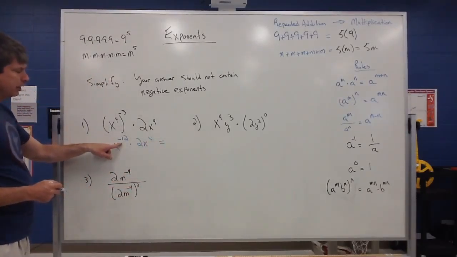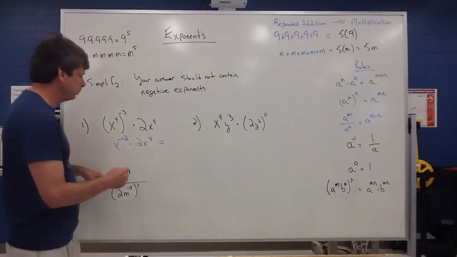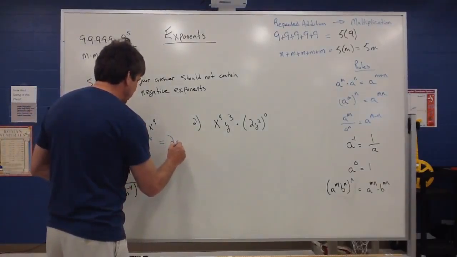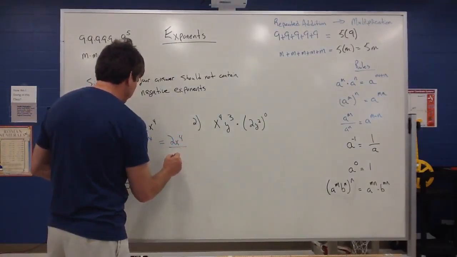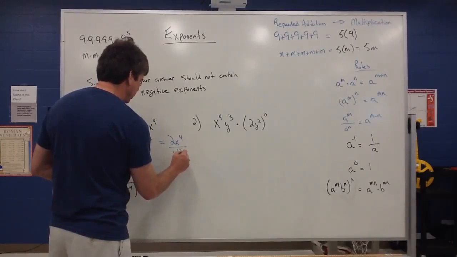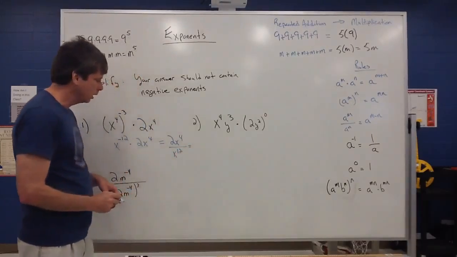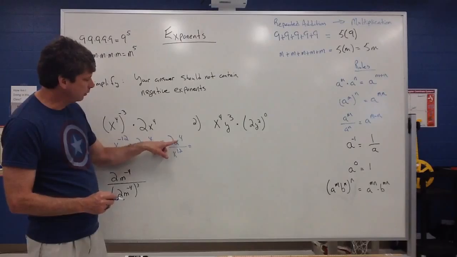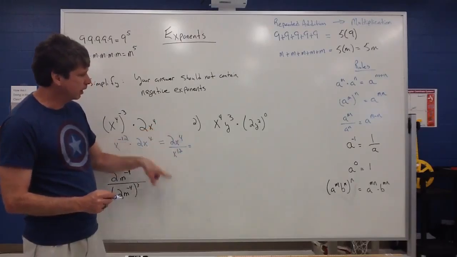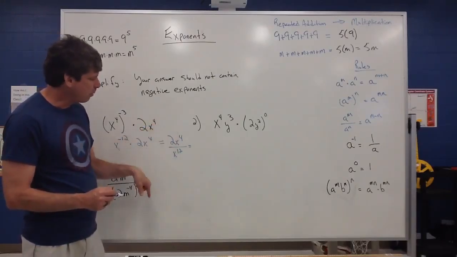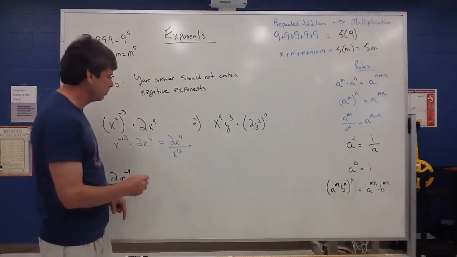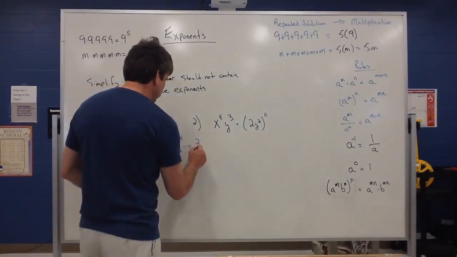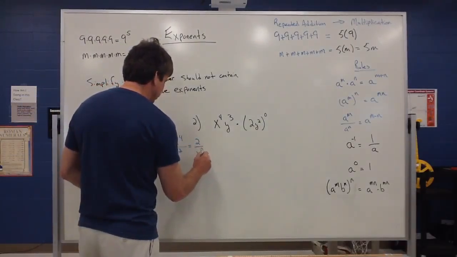Now, the x to the negative 12th means that's going to move to the bottom. So I have 2x to the 4th, and then you can have x to the 12th on the bottom. Now I do see that these are the same bases, and I'm dividing, so that implies that I can take away, I can mark out 4, but I'm still left with 8 on the bottom. So I have 2 over then x to the 8th power.